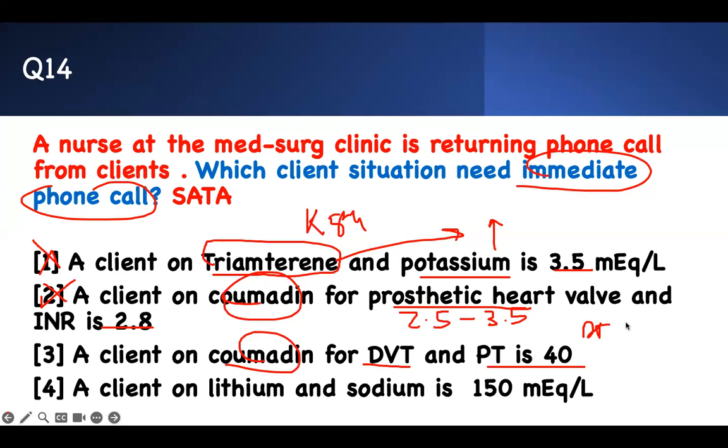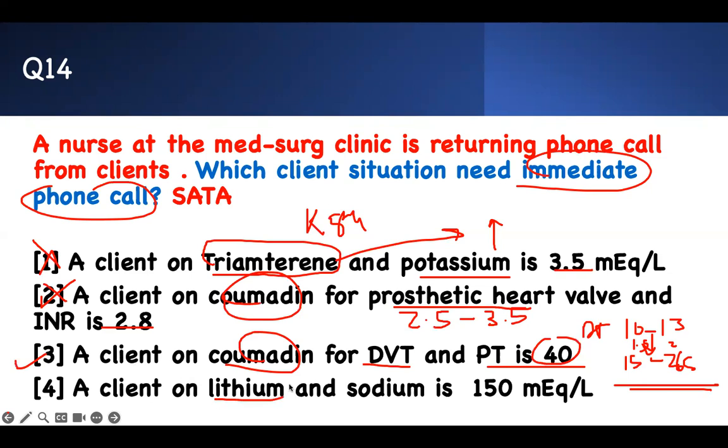Normal PT is 10 to 13. If you're on Coumadin, you multiply this by 1.5 to 2, so about 15 to 26 seconds. This is what it is supposed to be when you're on Coumadin. 40 is too high. I have a problem with you.